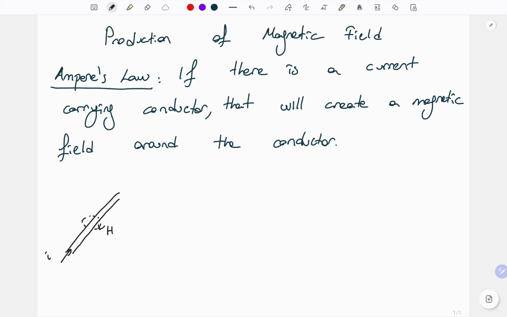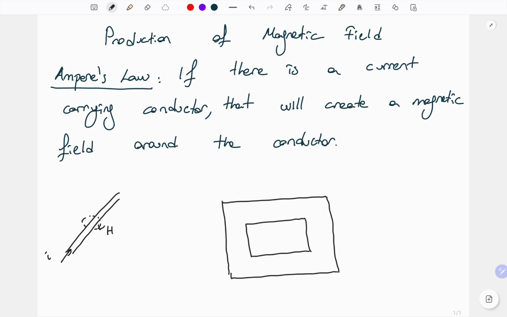How will the magnetic field production be used in a magnetic circuit? To understand this, let's analyze a simple magnetic core. We have a three-dimensional ferromagnetic core shape. This magnetic core will be used to transfer the magnetic field from one point to another.